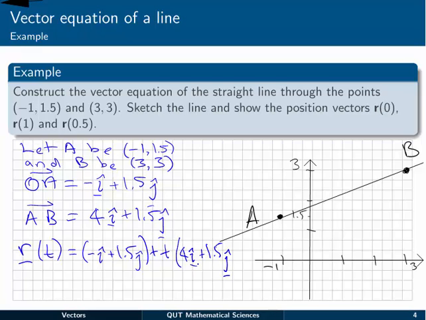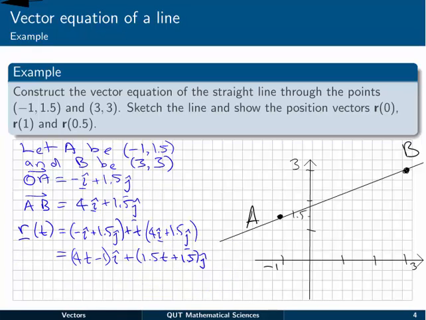Finally, we can rewrite this in ij vector form. So we're going to put the i's together and get 4t minus 1 in the i direction and 1.5t plus 1.5 in the j direction. The position vectors r of 0, r of 1 and r of 0.5 can then be evaluated by simply substituting for the value of t.